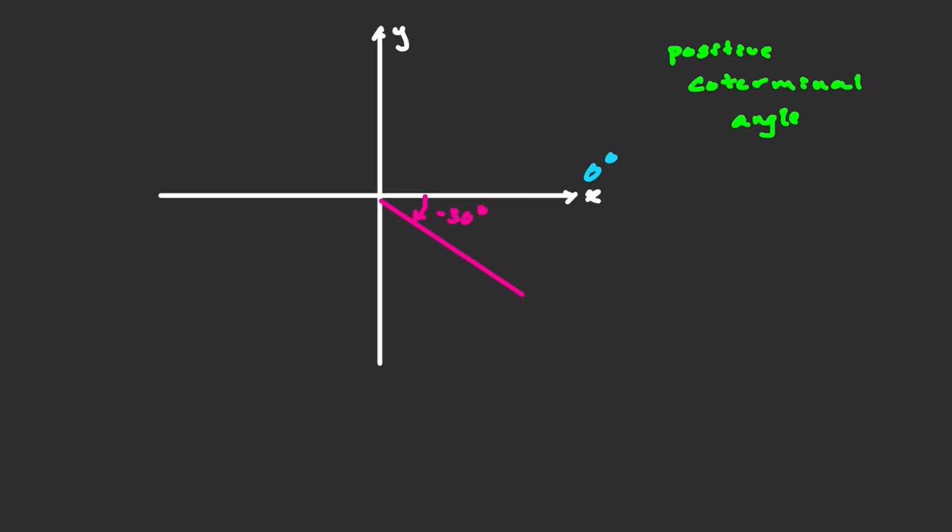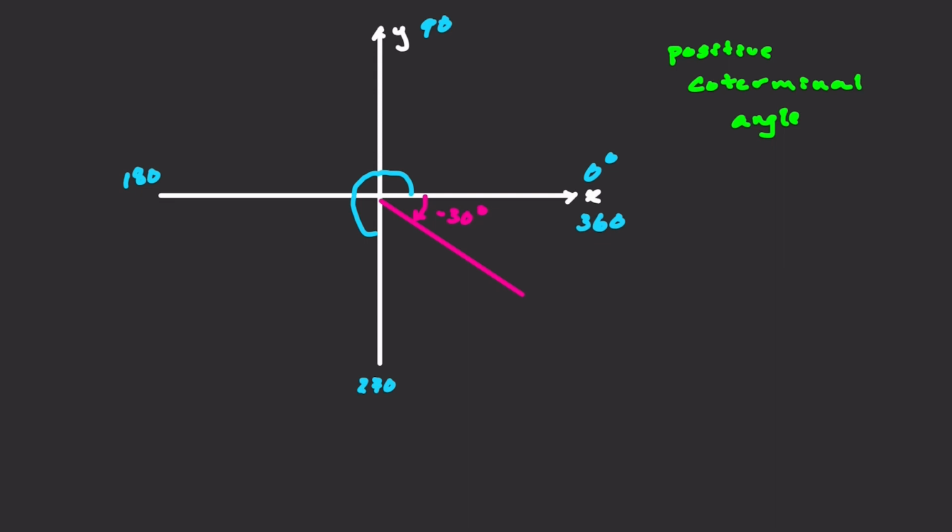So this is 0 degrees, 90, 180, 270, and 360. And so we want to find a positive coterminal angle. So we're going to be measuring positive angles. So let's go around 90, 180, 270, and we need to end here.